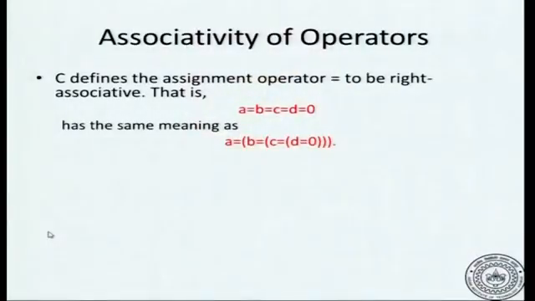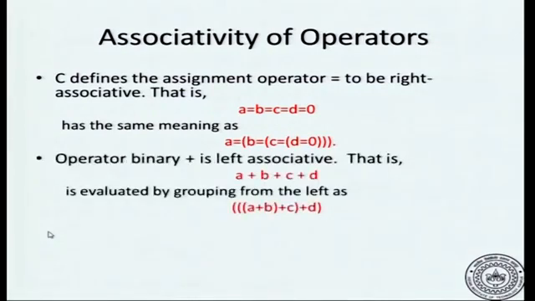Now we have the concept of associativity of operators. So what does associativity mean? We have just argued that A equal to B equal to C equal to D equal to 0 will be evaluated from right to left, right. So it is as though we had parenthesized the expression as D equal to 0 innermost, then C equal to that, then B equal to that, and so on.